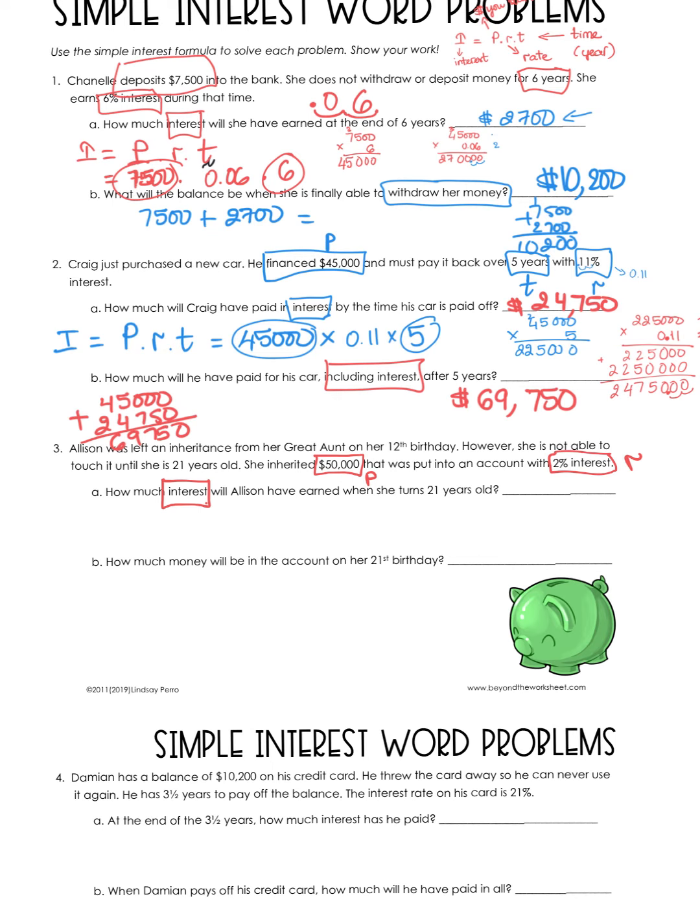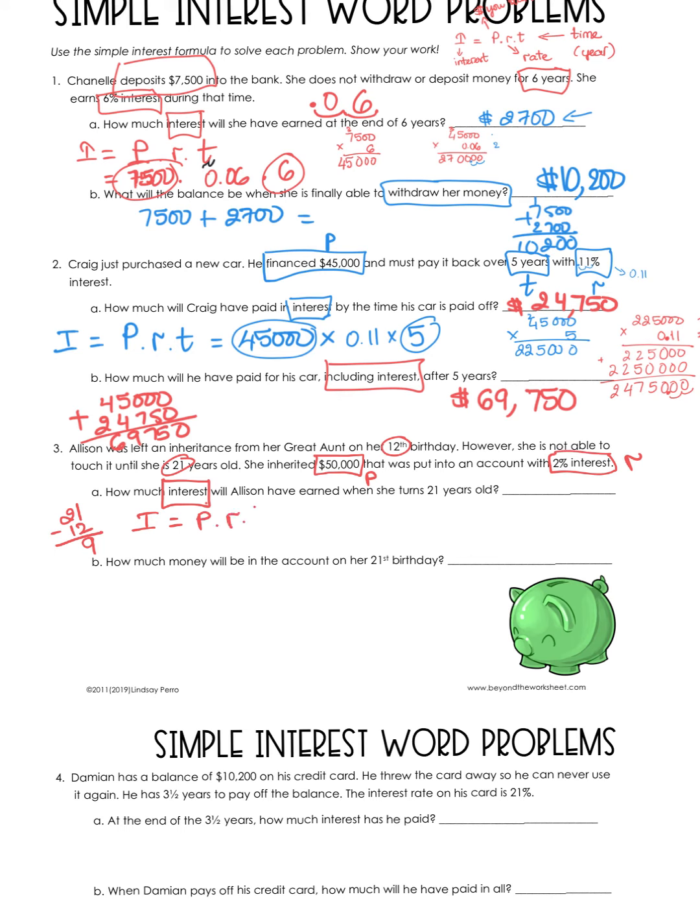We are not given a time, but we know that she's 12 years old right now, and she will be able to get it when she's 21. So how many years? 21 take away 12, she can take that money in the next 9 years. So we'll find out the interest.